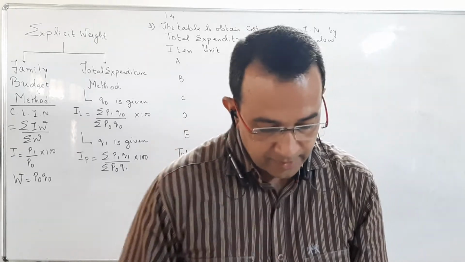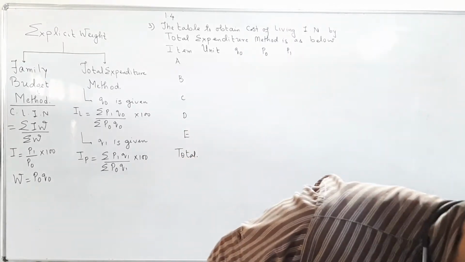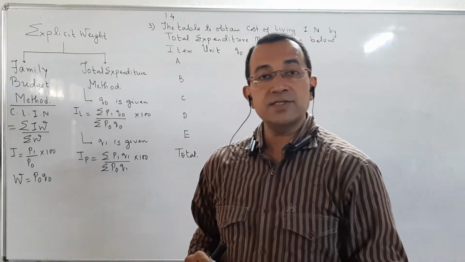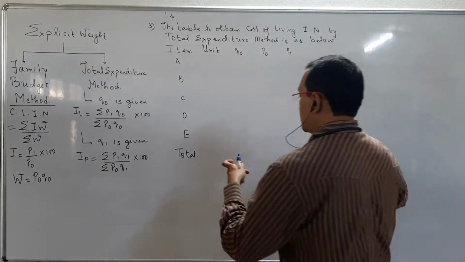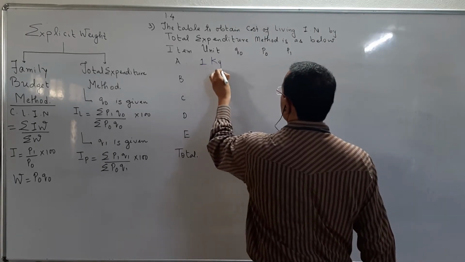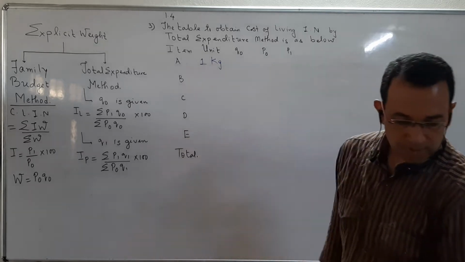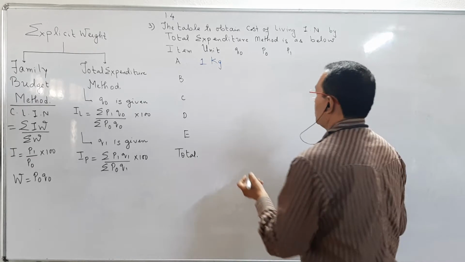Now unit of item A given in the sum is quintal. Now 1 quintal is 100 kg. I told you, in the answer we have to write the smallest multiple of quintal, which is 1 kg. So here I have to write 1 kg or simply a kg. Then for item B it is 20 kg, so it is a multiple of kg.